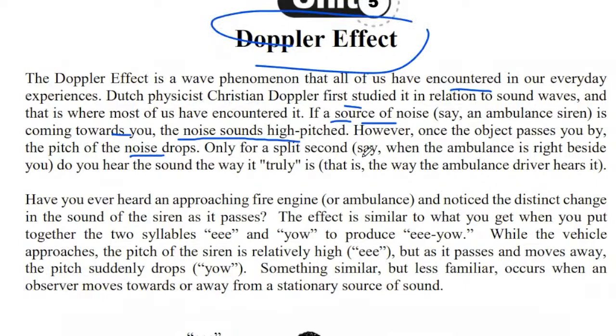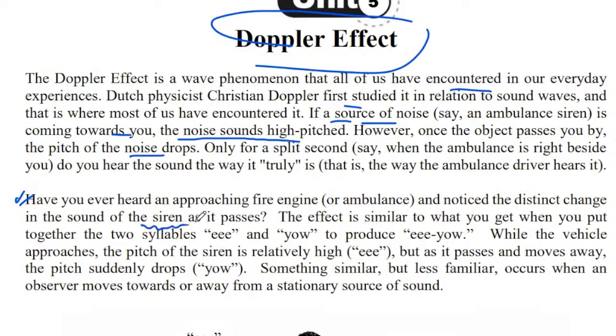Only for a split second, say when the ambulance is right beside you, do you hear the sound truly as it is, the same way that the driver will hear it. Then they're asking, have you ever had an approaching fire engine or ambulance, and have you noticed the difference in the sound of the siren?